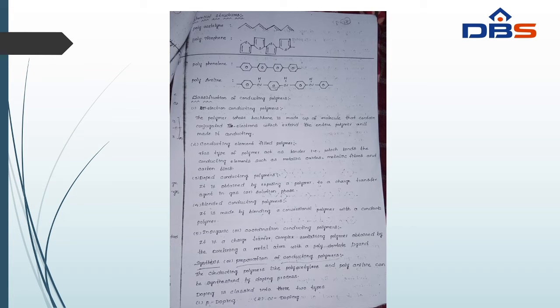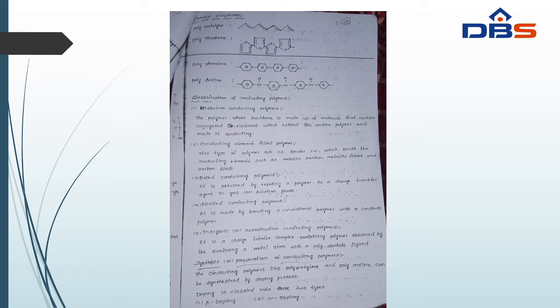Conducting polymers are classified into 5 types: first, pi electron conducting polymers; second, conducting element filled polymers; third, doped conducting polymers; fourth, blended conducting polymers; and fifth, inorganic or coordination conducting polymers.